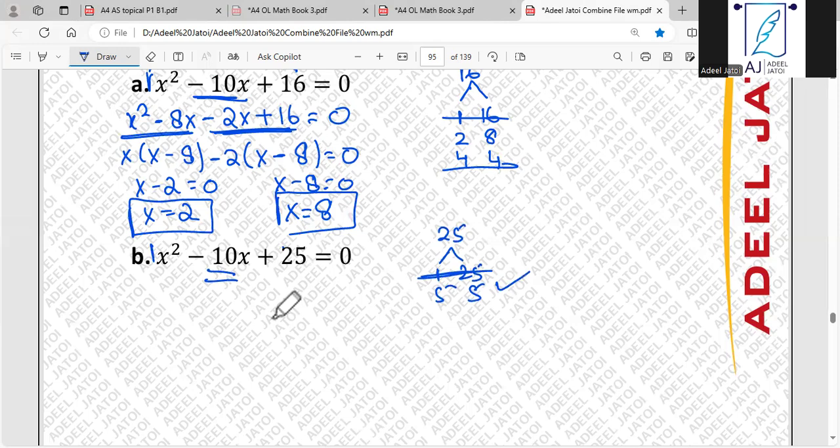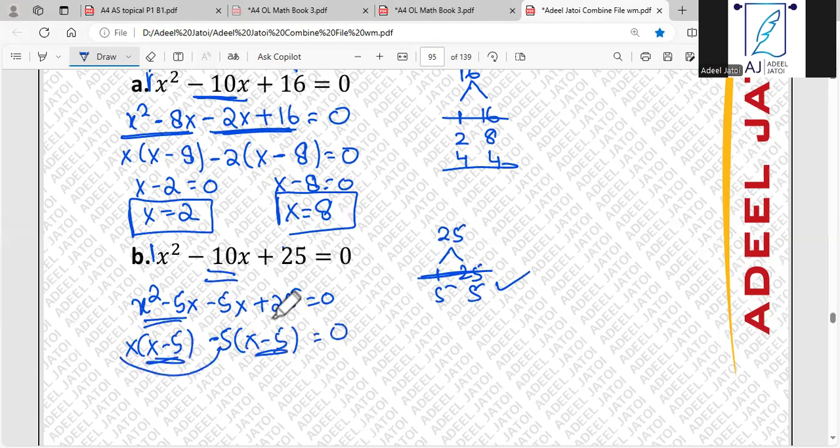So what we do is x square minus 5x minus 5x plus 25 equal to 0. We take common x minus 5, minus 5 common, x minus 5. What are you left with? All the brackets are the same. So x minus 5 is equal to 0. x will be equal to 5. This is the answer for part B.